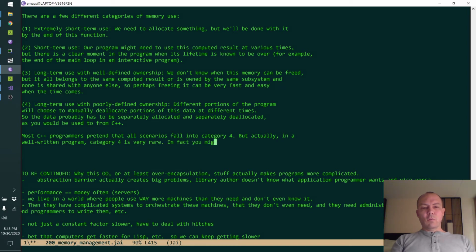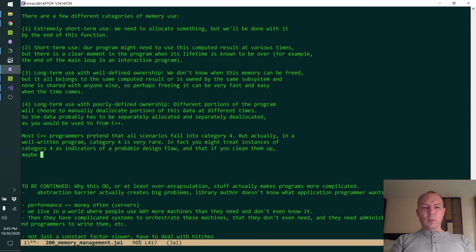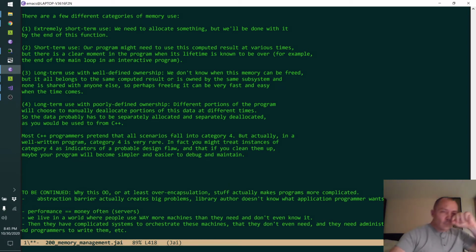In fact, you might treat instances of category 4 as indicators of a probable design flaw, and that if you clean them up, maybe your program will become simpler and easier to maintain, debug and maintain, right? Does that strike people as a reasonable classification?